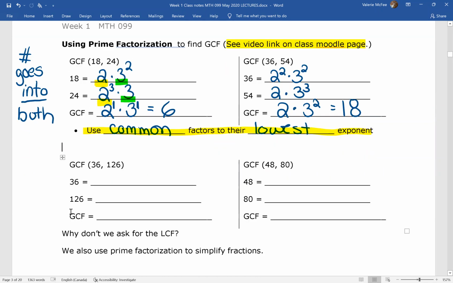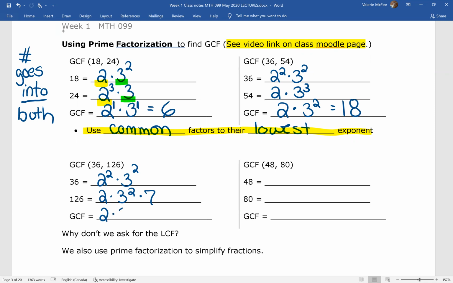I want you to pause your video now and find the greatest common factor of 36 and 126. All right, they both have one factor of 2.